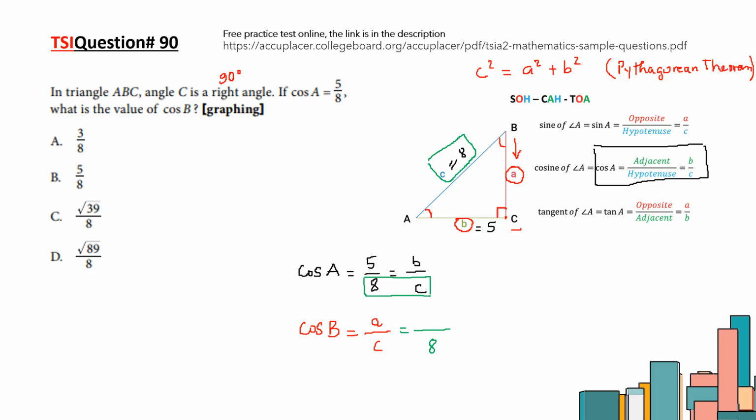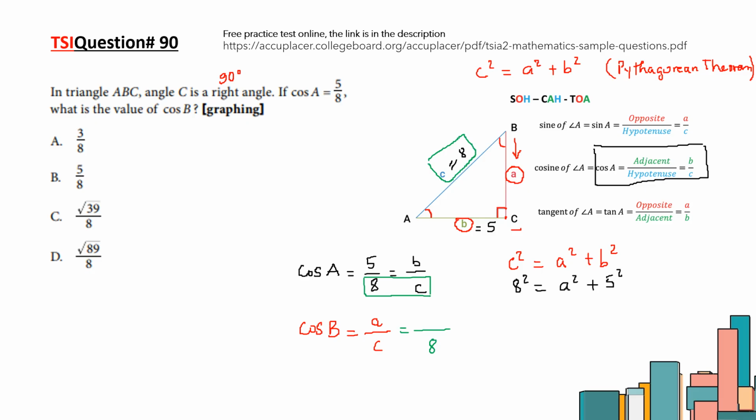Now we have C and B, so let's solve for A. C squared equals A squared plus B squared. C is 8, so 8 squared equals A squared plus B, which is 5, squared.